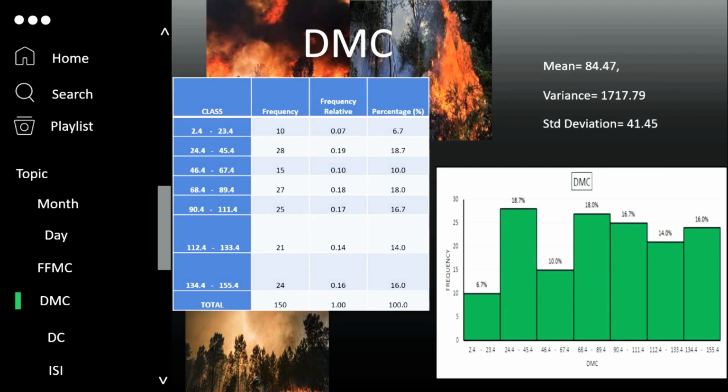Next, the lowest DMC is in the range of 2.4 to 23.4 which only has 10 frequency and represents 6.7%. The mean for the DMC data is 84.47. Moreover, the variance and the standard deviation are calculated as 1717.79 and 4.45 respectively.